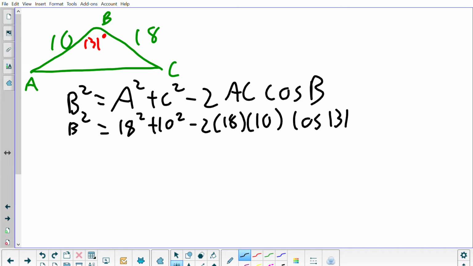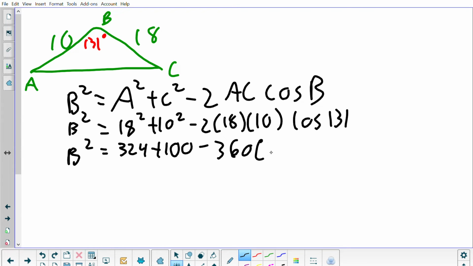Okay? So then I would have B squared is equal to 324 plus 100 minus 360, because 2 times 18 times 10 was 360. And then cosine of 131, I plugged in my calculator and I got negative 0.65.